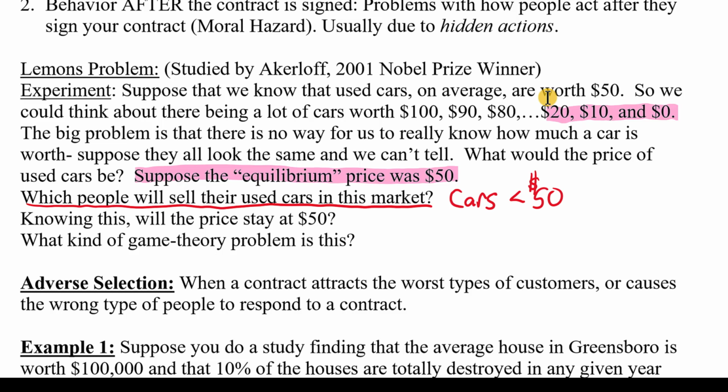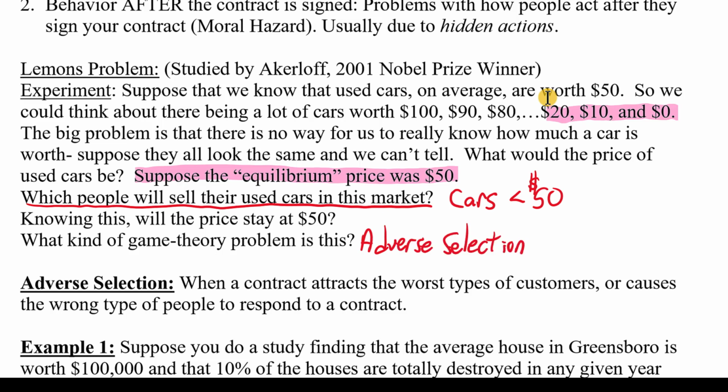And so they know, what's the car really going to be worth that I'm going to end up getting? Maybe half of what I pay for it. This is going to cause this market to disappear. It's going to cause this market to not exist if all the buyers are almost guaranteed to get something worth a lot less than they pay, right? So again, this kind of game theory problem would be a problem of adverse selection.